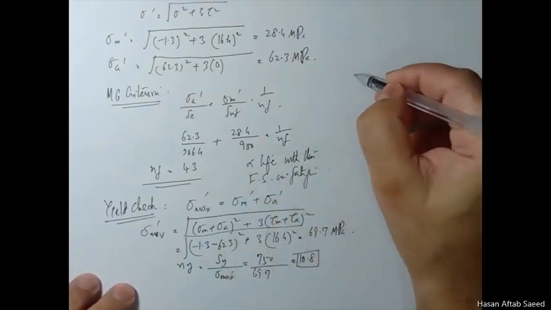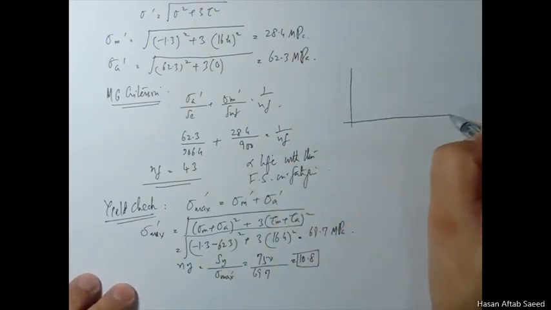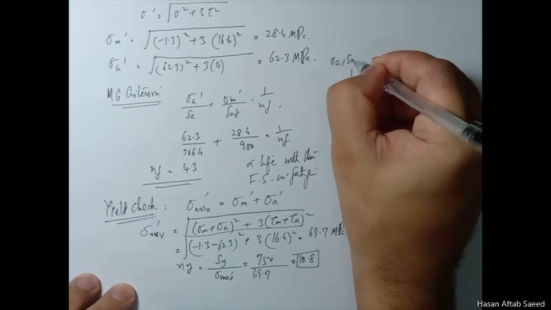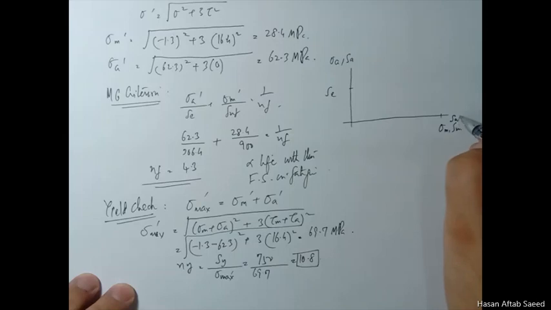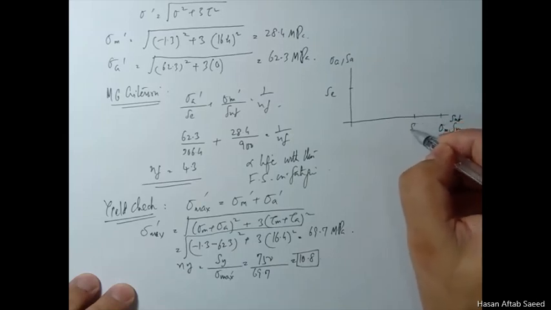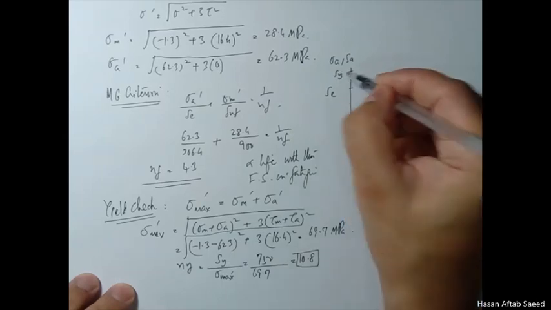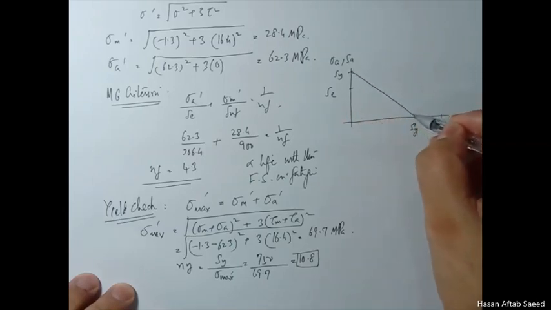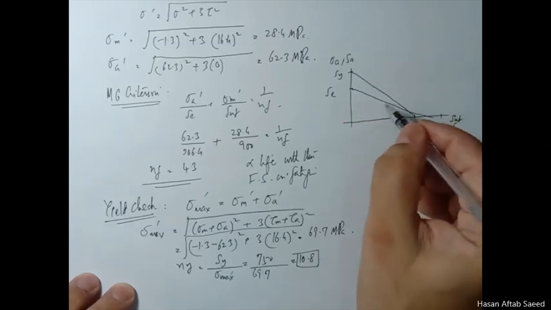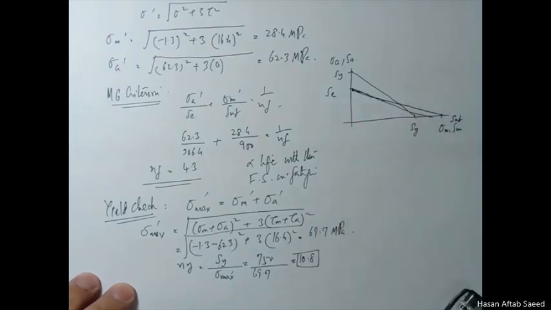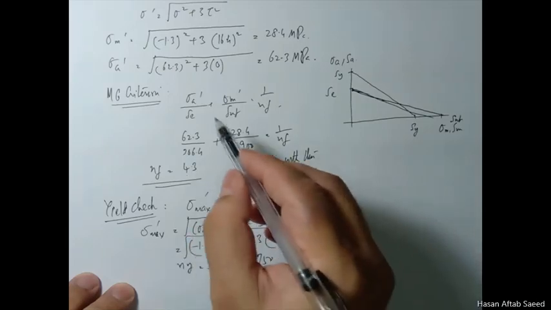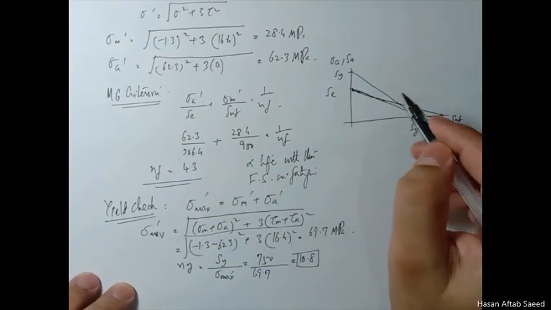If I draw this pictorially, then this is the situation. You have sigma m, sigma a, this is your Se, Sut, Sy, Sy. Now you plot your values.